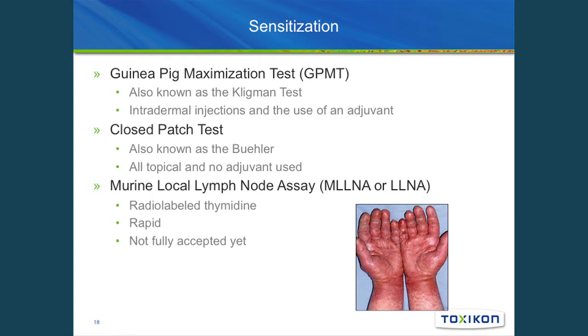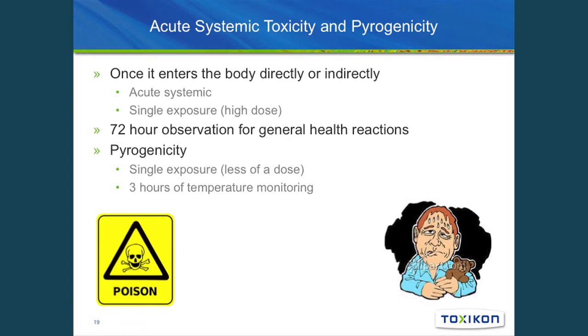The Buehler patch test doesn't have an adjuvant, and the mouse local lymph node assay kind of takes care of that to a good degree, but it's not fully accepted, and I'll say that yet. So stay tuned on that one.